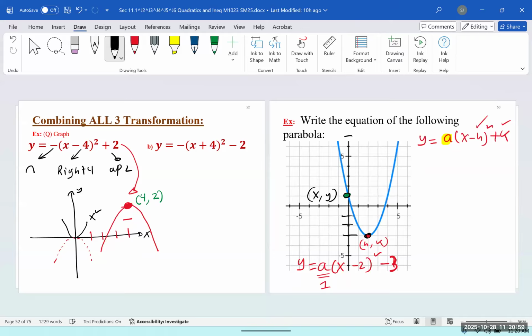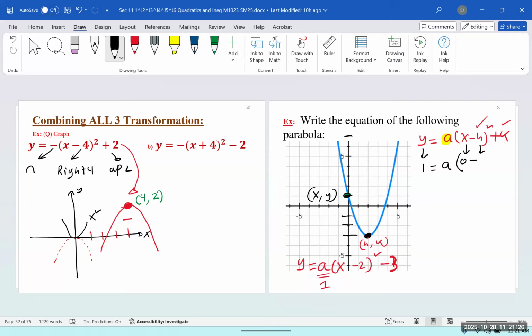So x, y here, h, k on the vertex. So let's replace. Y is what? Y is 1. A we don't know, but for y equals 1, what's the x? 0. Minus, what is our h? H is here. What is our h?